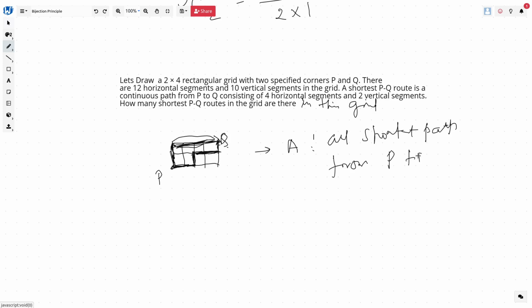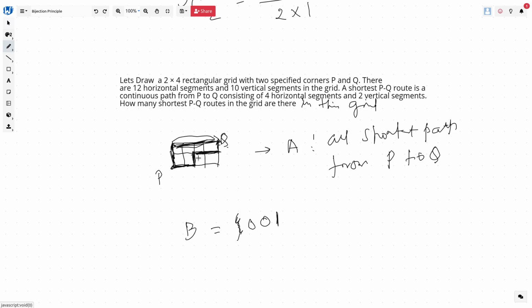And then we have a set B, which is nothing but the binary sequences of 6-digit numbers, where we define the horizontal parts as 0 and vertical parts as 1. So this binary sequence will be 2 zeros, then we move the vertical part, so that is 1.